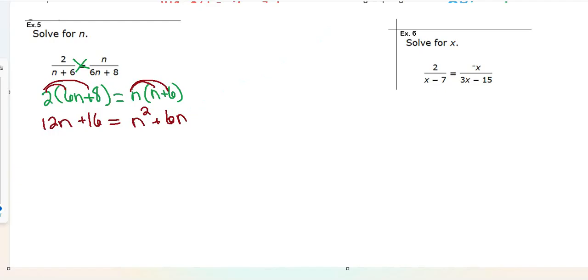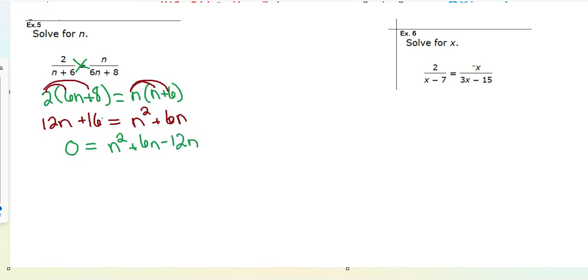The way to solve those is to get all of the terms on one side of the equation and simplify. I'm going to set this side equal to 0, so I'm going to move this 12n over here. It becomes a negative on this side.